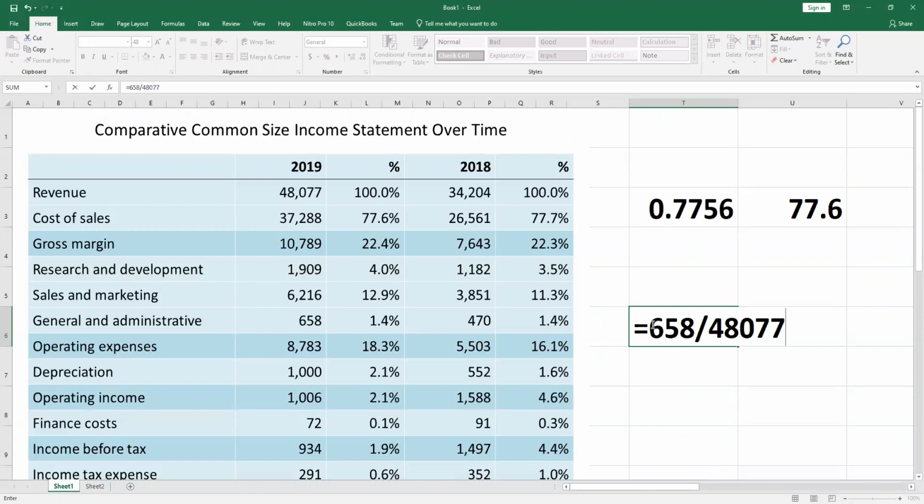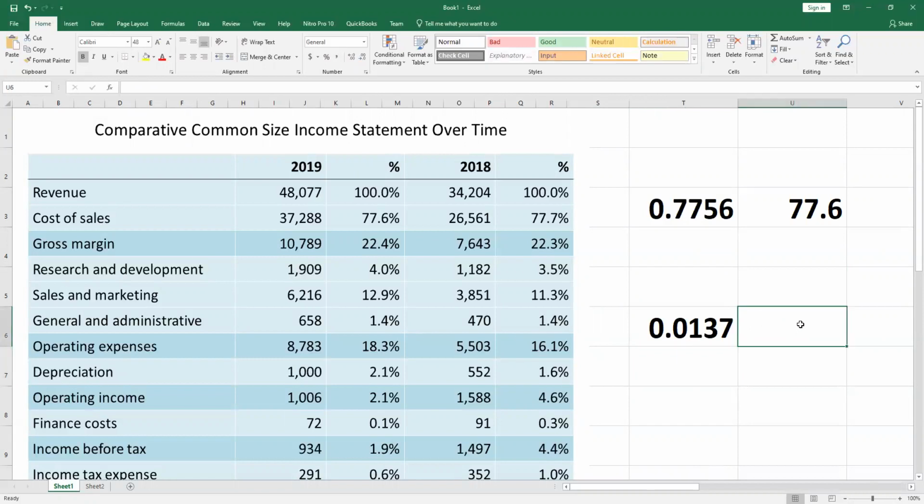Every time you will take 48077 because every time you will take revenue as your base amount. So you will see here, you get 1.4. Okay, this is how you do common size analysis, and I hope you will complete the rest.